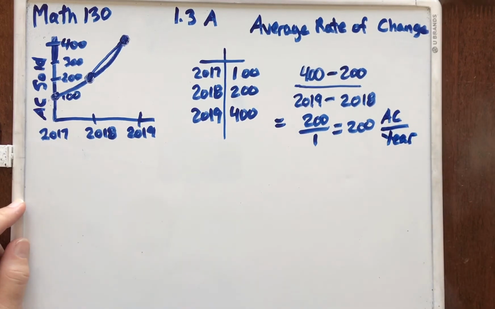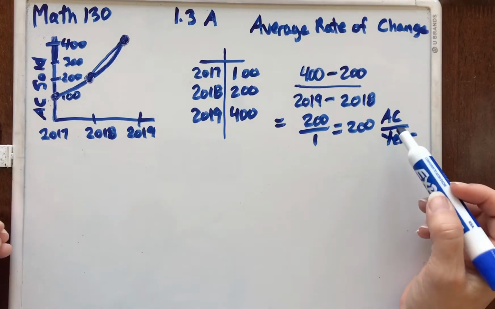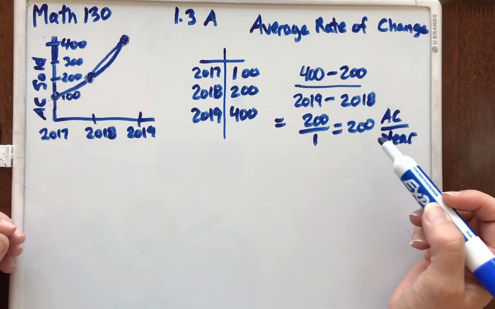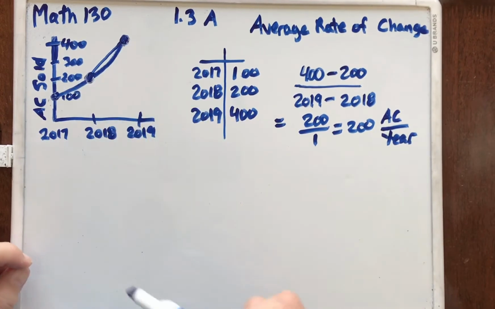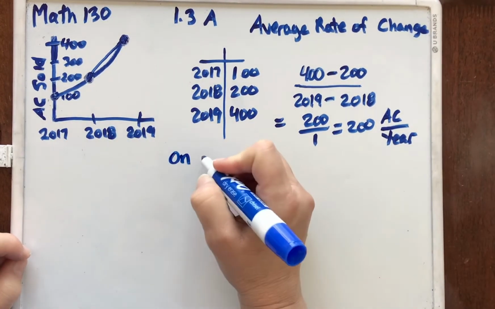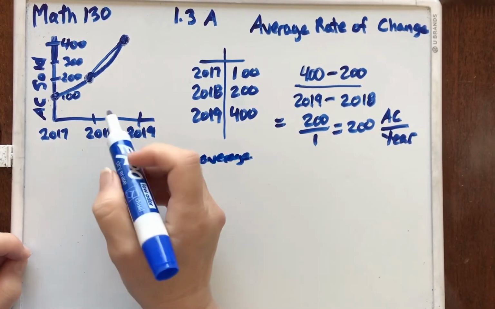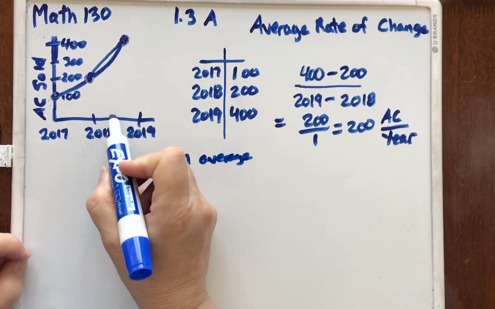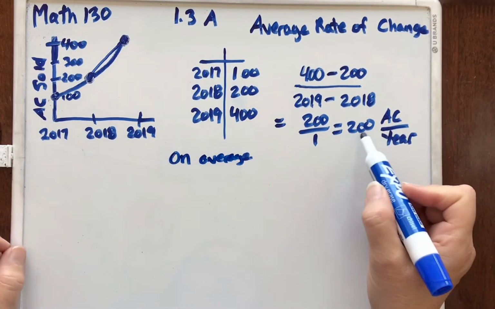All right, now were exactly 200 air conditioners sold per year? No, not exactly. We have an average rate of change. So how we would say this is on average. Because let's say we wanted to know how many we sold in 2018 and a half, right? We can't completely stick to this.